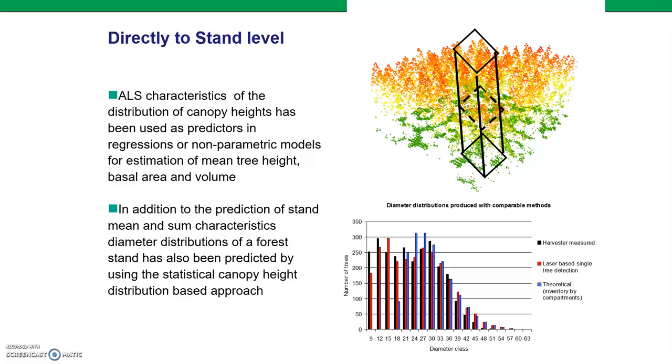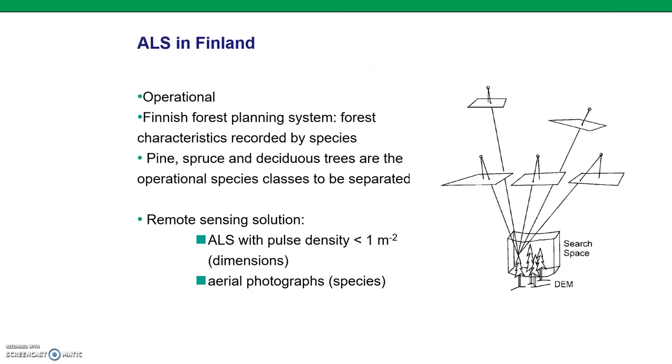We use these LiDAR point distributions in certain areas to predict the canopy characteristics, and directly the diameter classes of specific small areas. We call this the area-based approach.